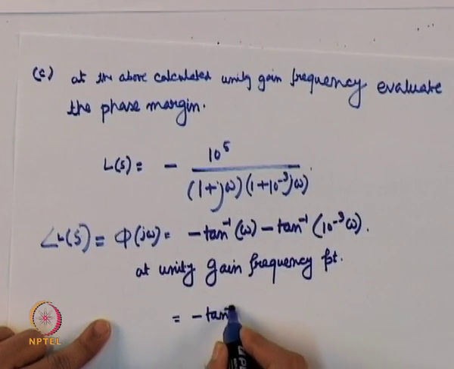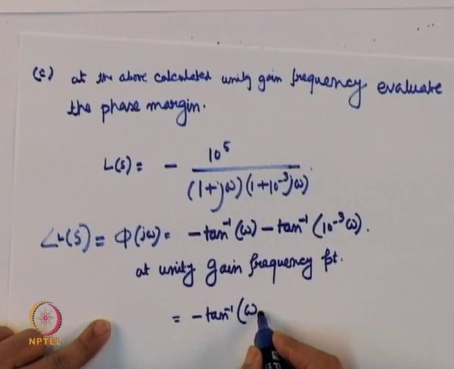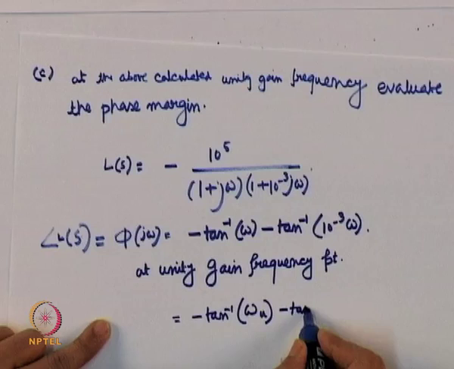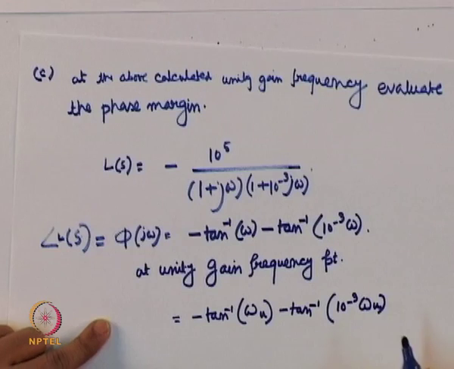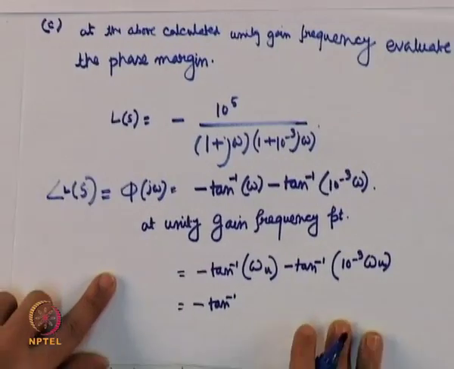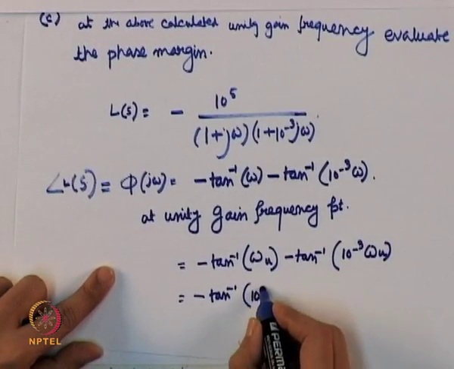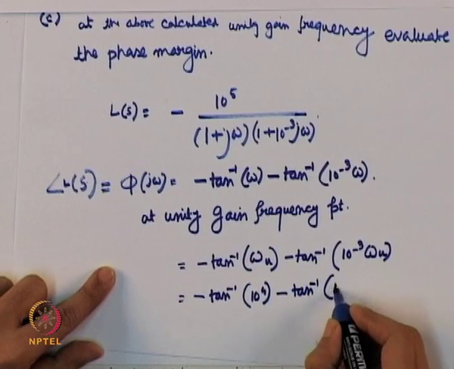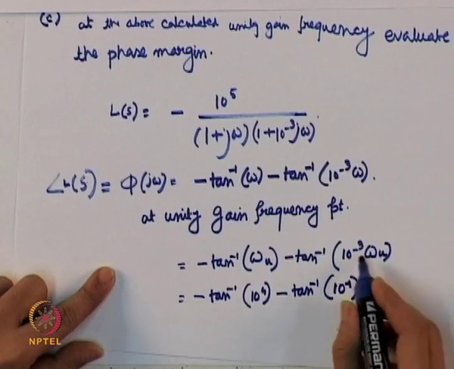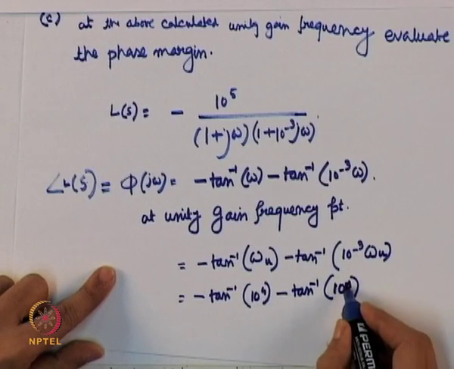We will put omega u. The first term becomes minus tan inverse of omega u, and the second is minus tan inverse of 10 to the power minus 3 omega u. Putting omega u equal to 10 to the power 4, it is 10 to the power minus 3 into 10 to the power 4, so it will come only 10.